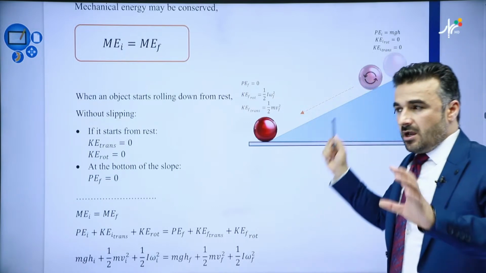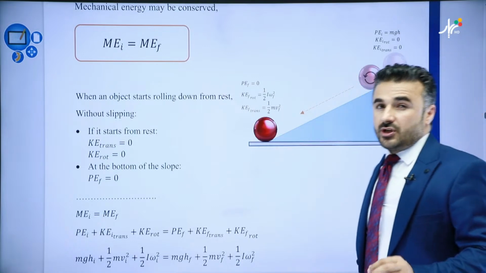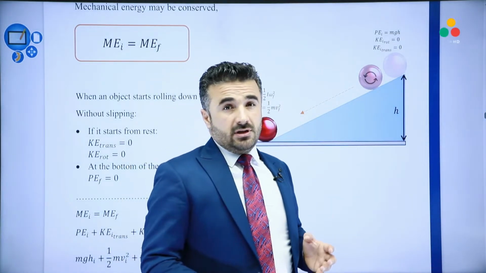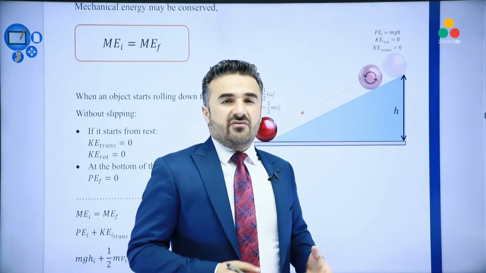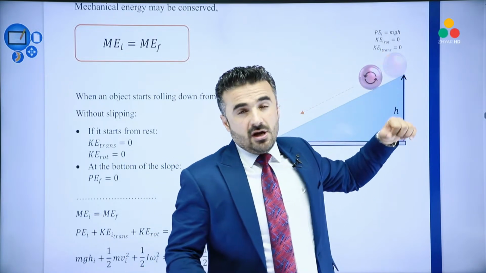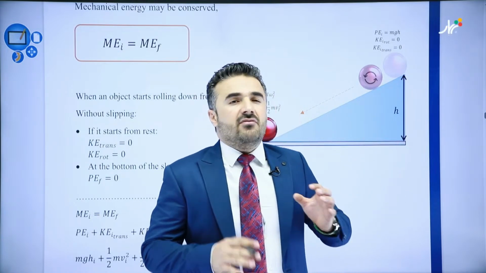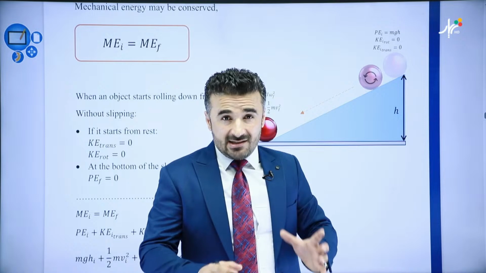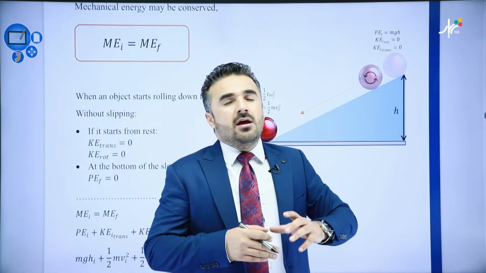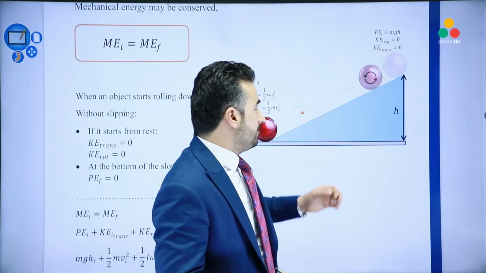If the object is at rest, then potential energy equals mgh, but there is no translational kinetic energy, because the speed of the object is 0. What about rotational kinetic energy? Once again, if the object is at rest, there is no angular speed, so there is no rotational kinetic energy.